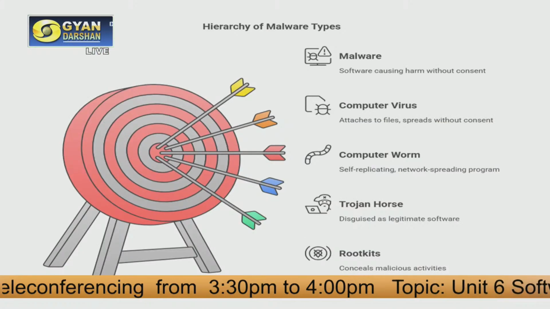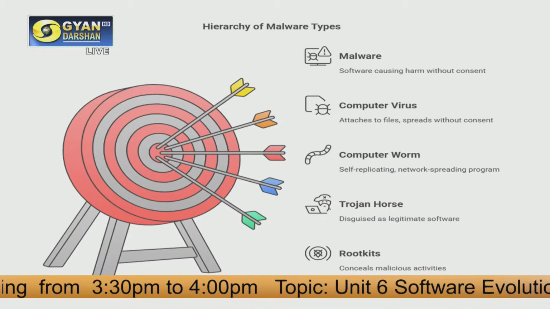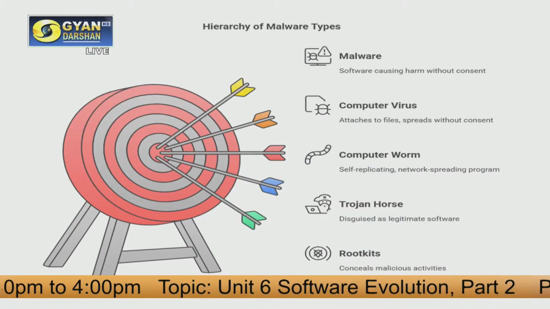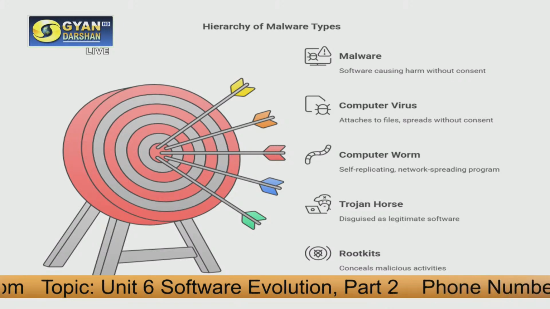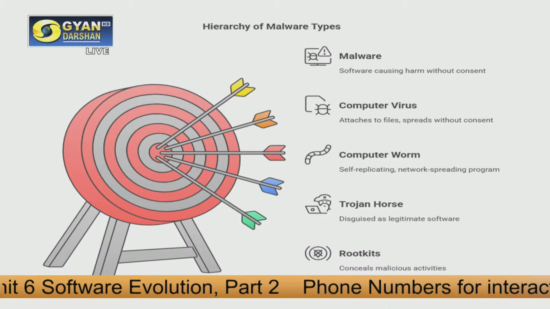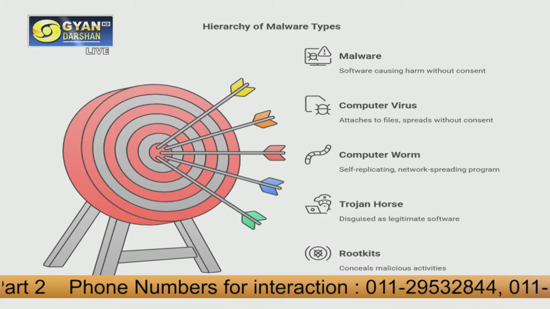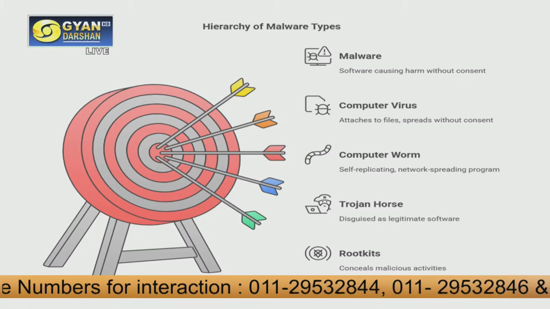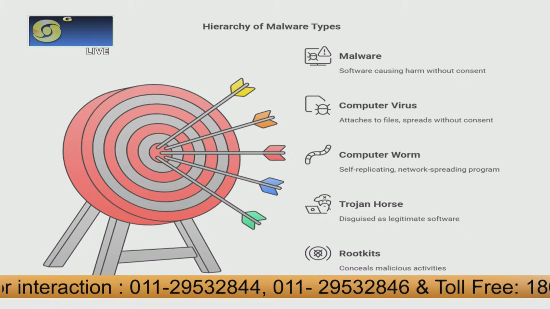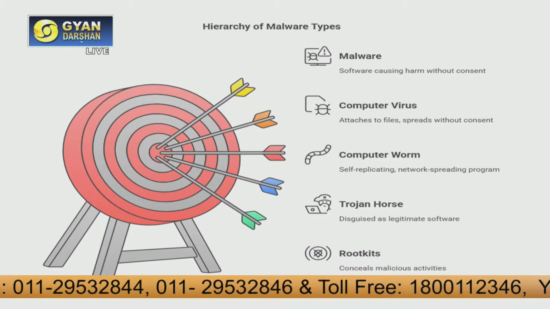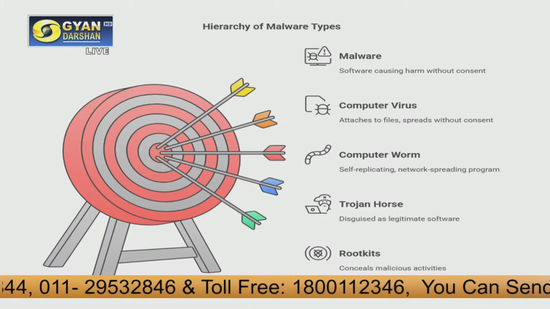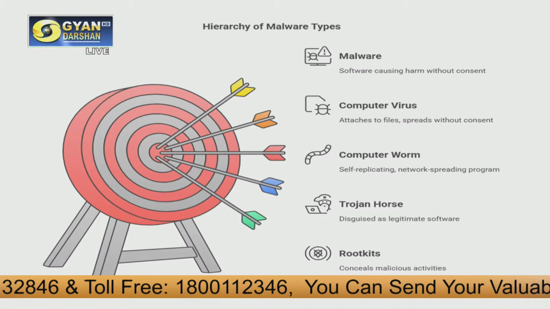Now, what are viruses? Viruses are attached files, and they access the system without our consent. So they spread into the system without our consent. Likewise, we may receive an infected email wherein the virus is attached in a file format, and when we download that file, the system is under compromise.